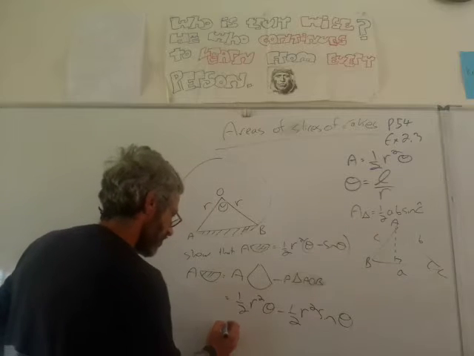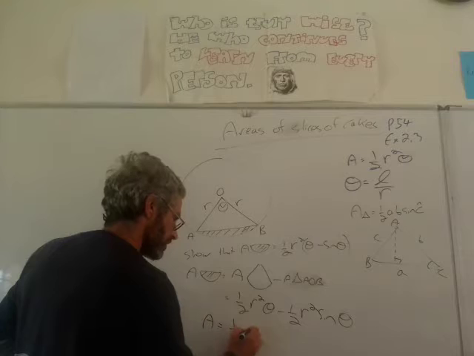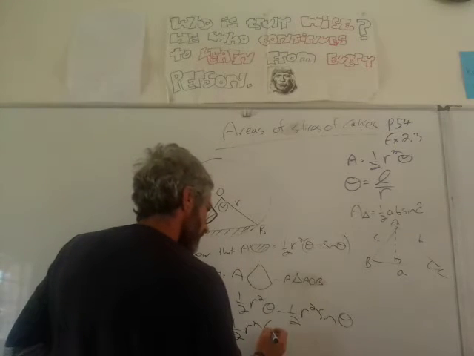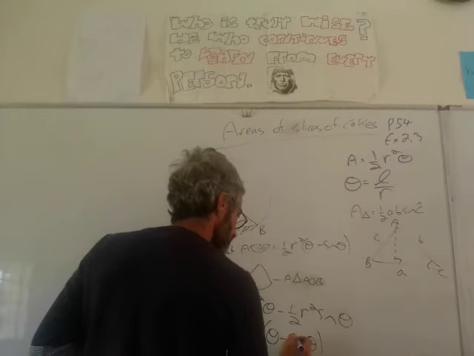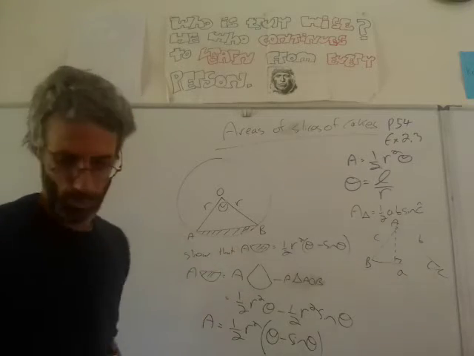Then all I've got to do is find the common factor, half r squared. Can you still see that? You can. Brackets, theta minus sine theta. And that is what we were asked to prove.